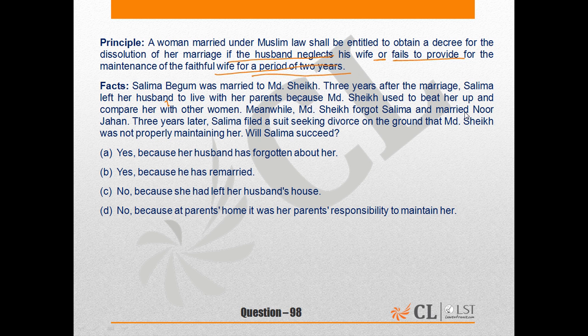Now, in the facts, Salima Begum was married to Muhammad Sheikh. 3 years after, the female started to live with her parents because Muhammad Sheikh used to beat her up and compare her with other women. Now, this just means that she is still married to him and she has only gone to her parents' house, and there has been no other difference apart from this.